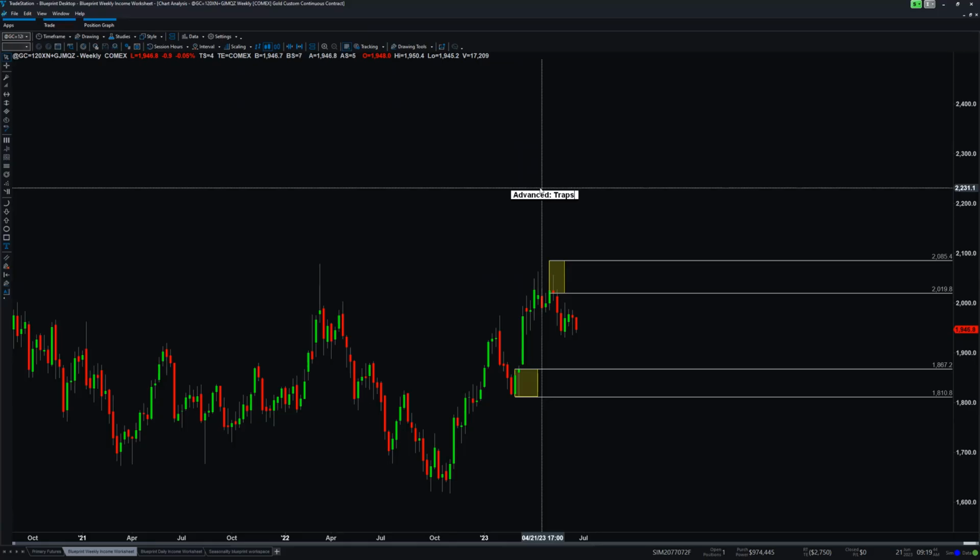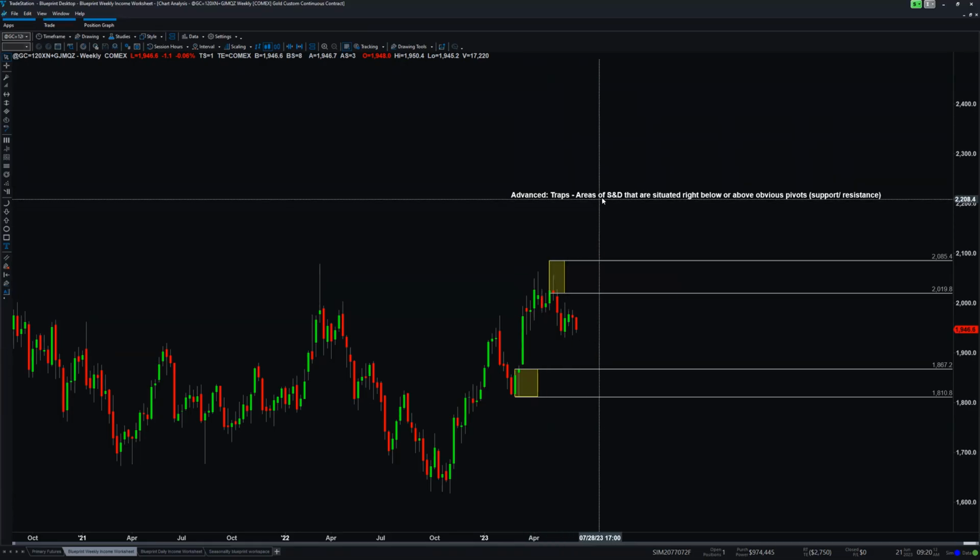And what traps are areas of supply and demand that are situated right below or above obvious pivots, support and resistance. So you want to write that down just in general.